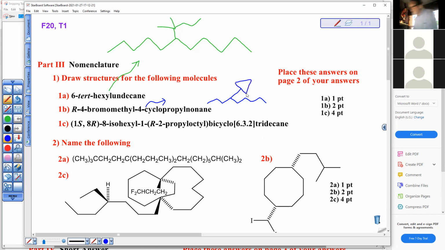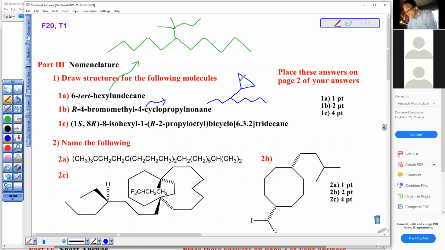You drew a cyclobutyl. You want me to count to 4? Watch where that is attached here. That's a carbon. 1, 2, 3, 4. You didn't draw a cyclopropyl. You drew a cyclobutyl. So make sure the end of the stick right here is one of the corners of the triangle.